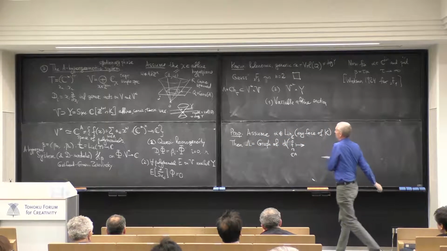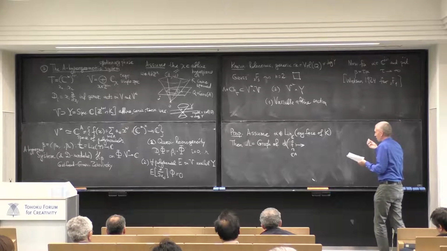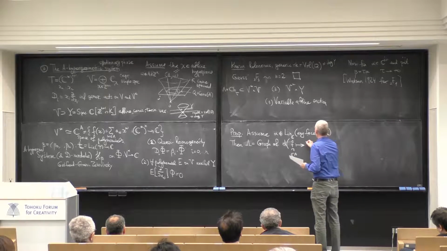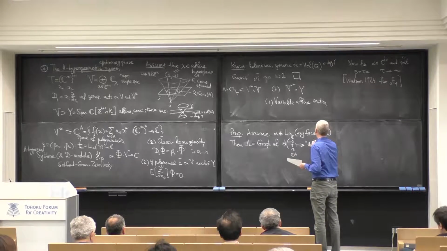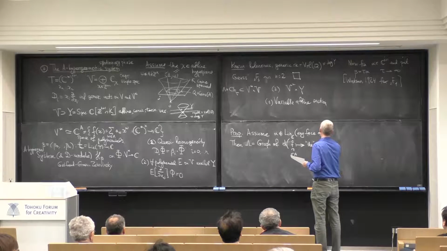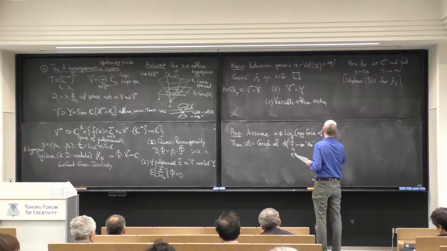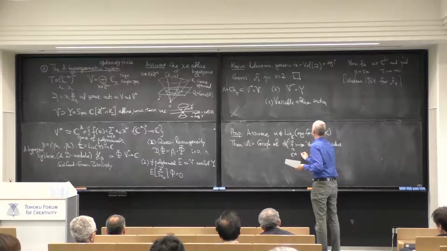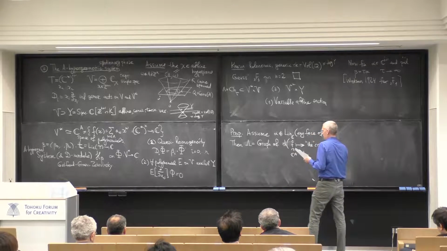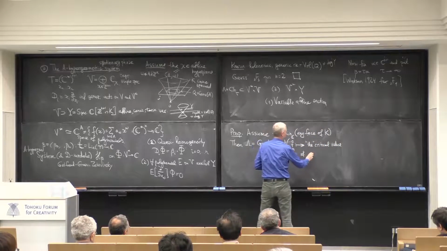So let me write it down and then explain where it comes from. We can write simply, it would be a multivalued function. I could say the critical value of the following thing. It looks like some kind of Legendre transform.